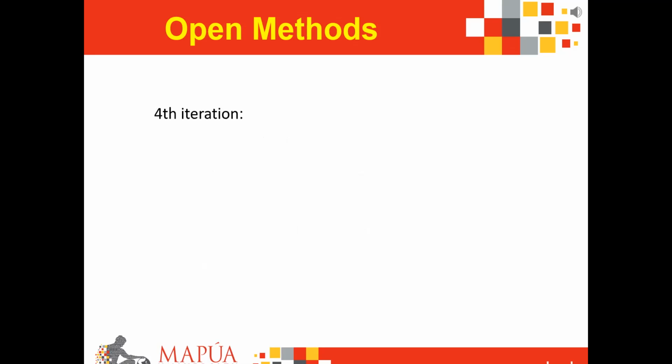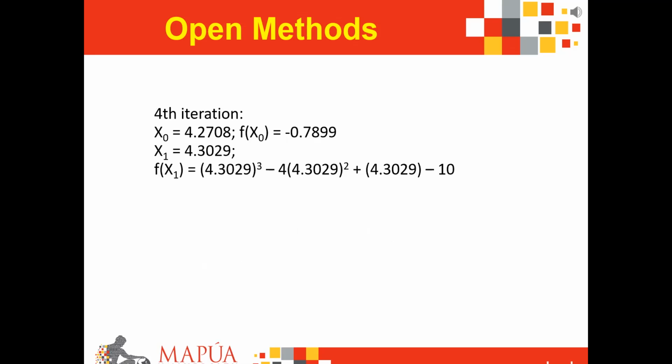Hence, on the fourth iteration, your x0 is 4.2708 with a function value of -0.7899, and your x1 is 4.3029 with a function value having this solution and a value equal to -0.0899.